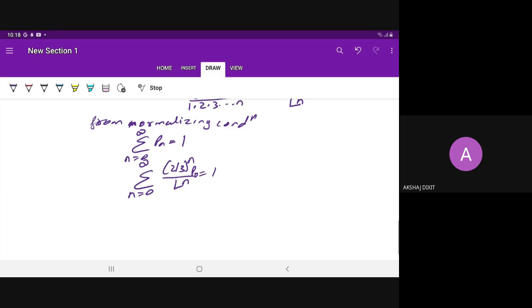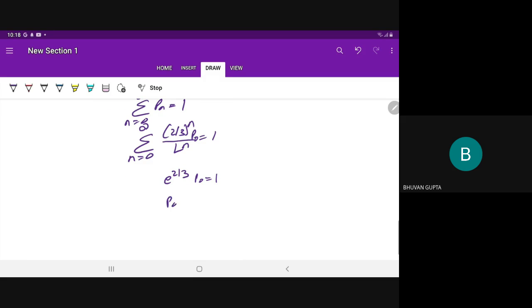Are you getting my voice? It is e raised to power x with x equal to 2 by 3. Yes, it is e to power 2 by 3 into P naught, equal to 1.